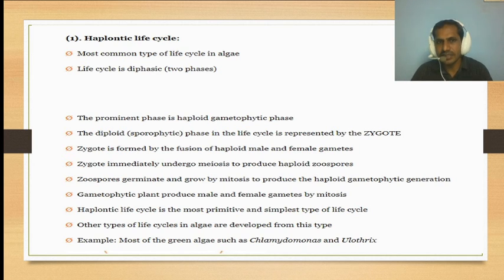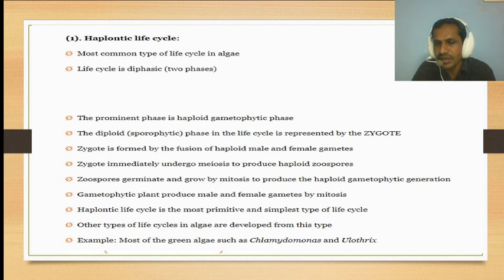After zygote formation, they immediately undergo meiosis. They can produce haploid spores. These haploid zoospores can germinate and grow by the process of mitosis and produce haploid gametophytic generations. So the gametophytic plant produces male and female gametes.